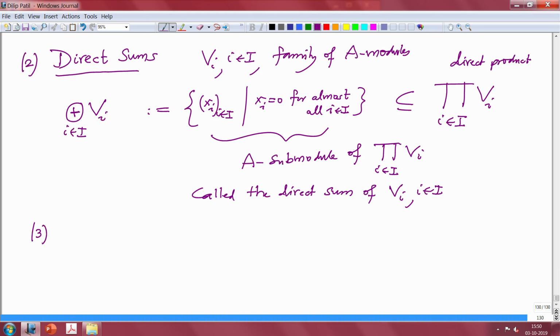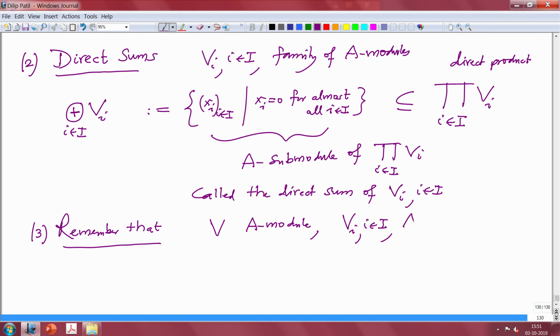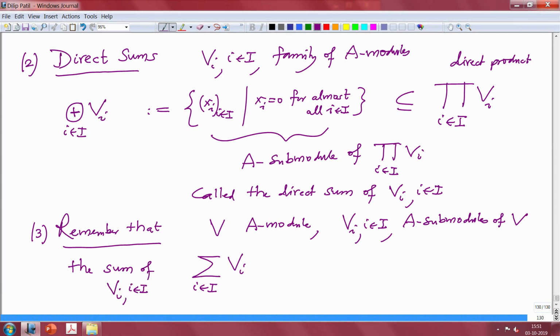Also remember, third, that for any module V, if V is an A module, and suppose these Vi are A submodules of V, then we have defined the sum of this family of submodules. And what was that?